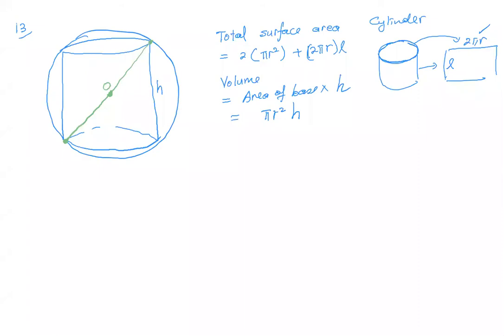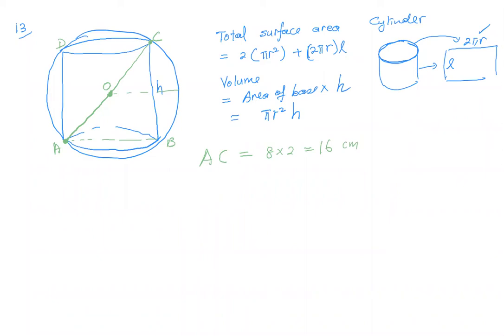Can you tell me the length of AC here? The radius is 8. So 8 times 2, that is the diameter, 16 cm. Okay, we are done. Now they ask, what is the maximum volume of the cylinder?